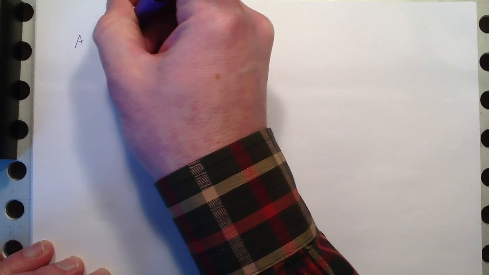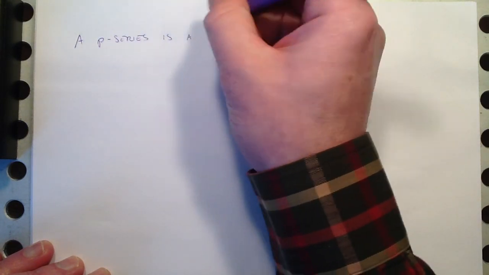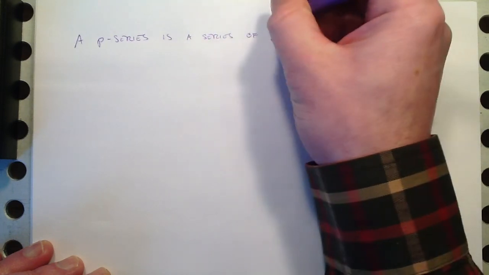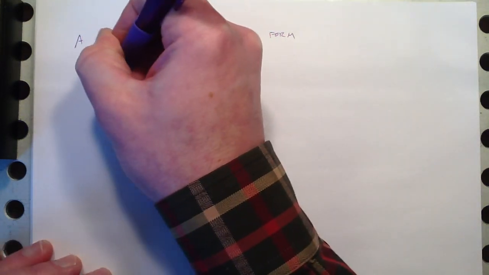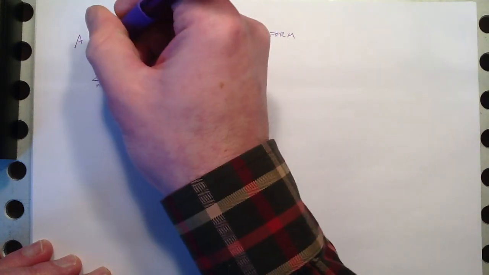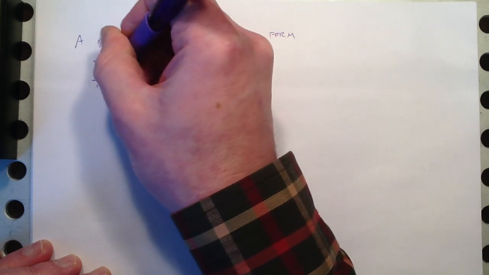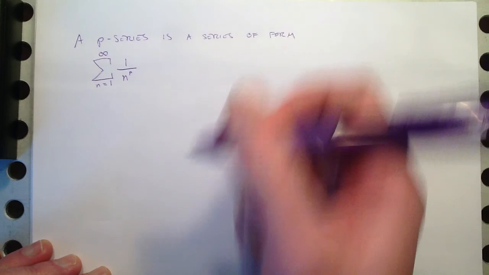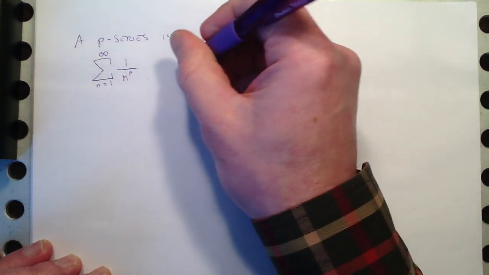A p-series is a series of the form the sum from n equals, it could be any, I'm going to put 1 here, but it doesn't have to start with 1, it doesn't matter. I often start with 1, of 1 over n to the p. That's a p-series.